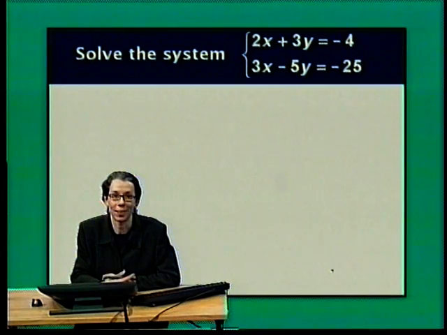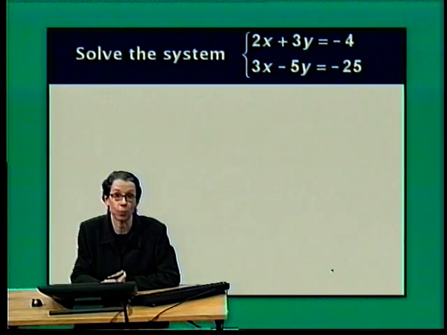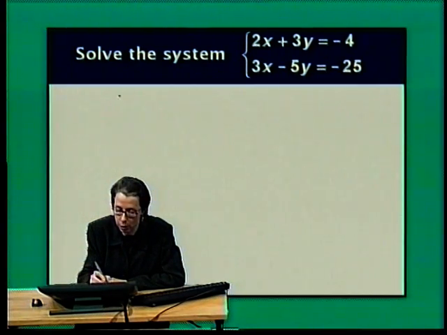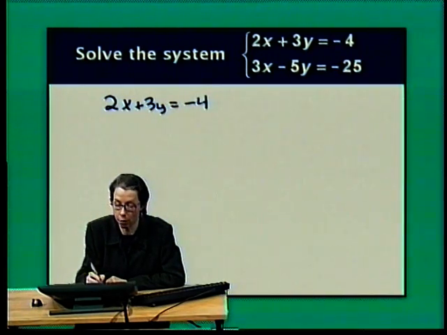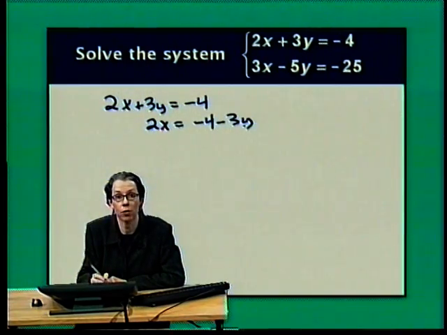Here's another problem. Again, we're going to have to work to solve for one variable in terms of the other. This time I'm just going to randomly work with the first equation, and I'm going to solve for x in terms of y. So I have the equation 2x plus 3y equals negative 4. I'm going to solve this for x, so I'm going to subtract 3y from both sides.